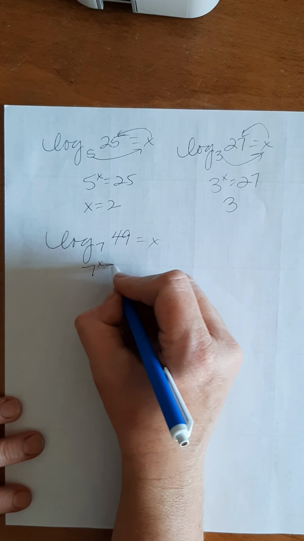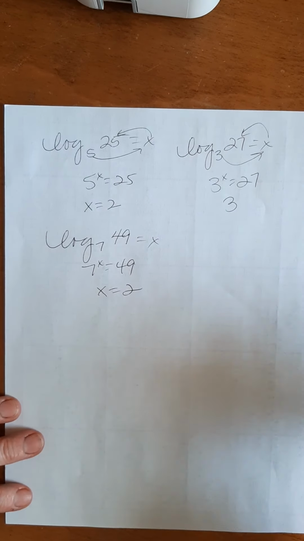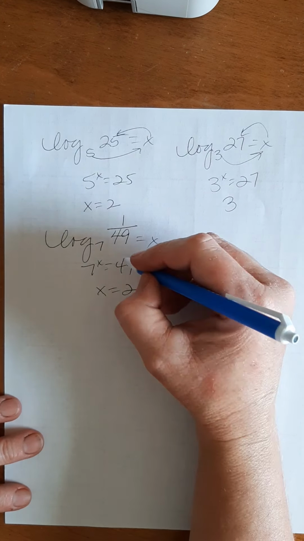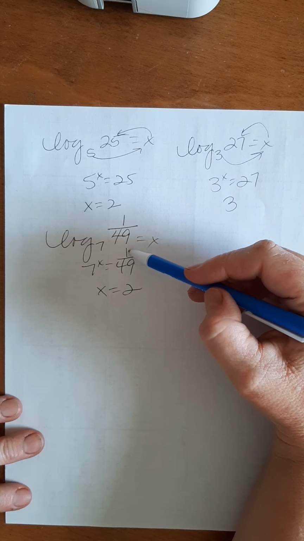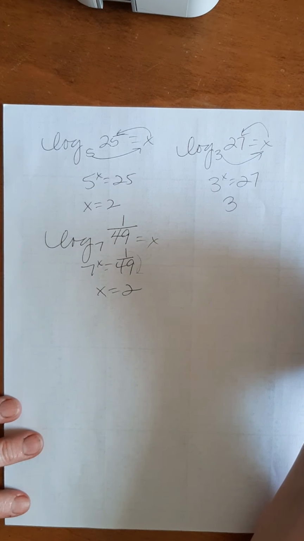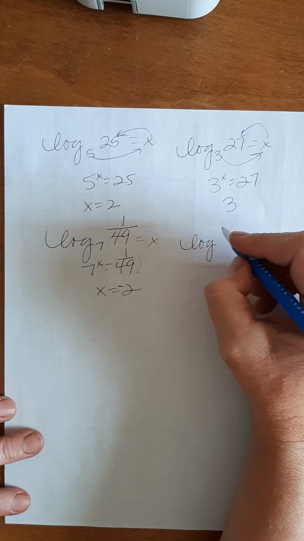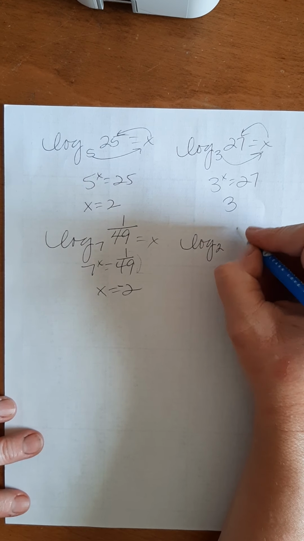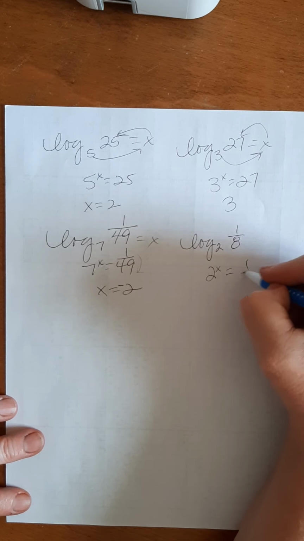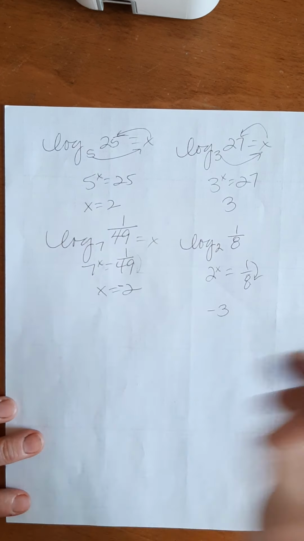So 7 to what power is 49? 2. Okay, what about if I got super tricky and I said 1 over 49? What makes it flip and go underneath? What has to happen to the exponent? Yep, negative. So if I gave you log base 2 of 1 over 8, well, you know 2 cubed is 8, but since it's underneath, negative.